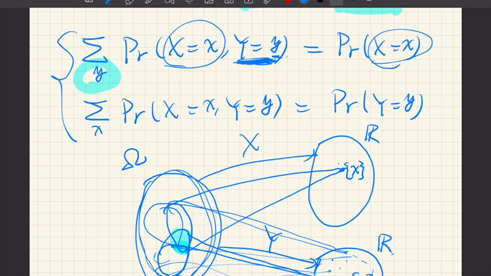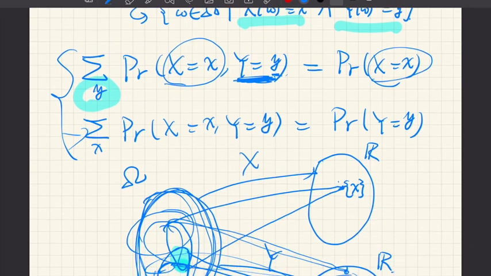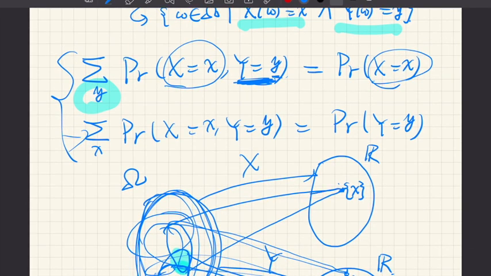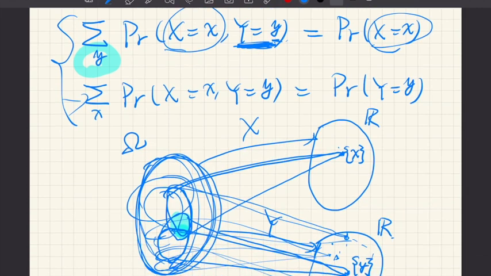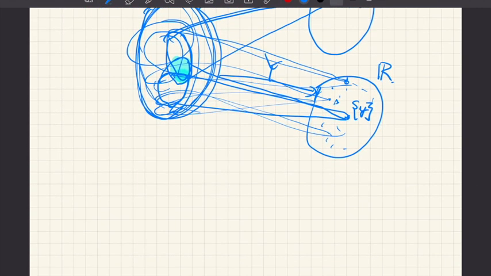Same for the second one: take this one and take the intersection, take this one, intersection, and so on. Just continue, and it will cover entire omega. So after all, it's nothing different from just considering the random variable x.